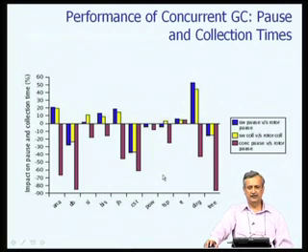Thereby the program does not stall for a long time, whereas in the stop the world garbage collector, the program stops for quite a bit of duration. That is why most of the bars are on the positive side of the axis, whereas the concurrent garbage collector reduces the pause time, so the bars are all on the negative side.